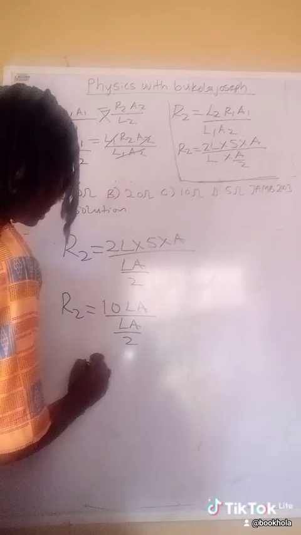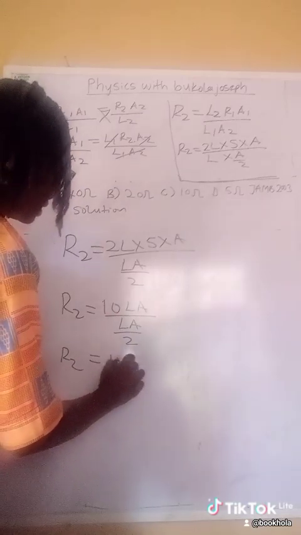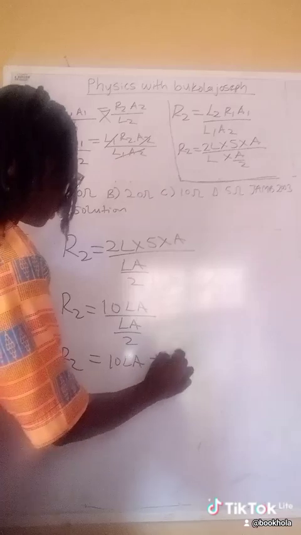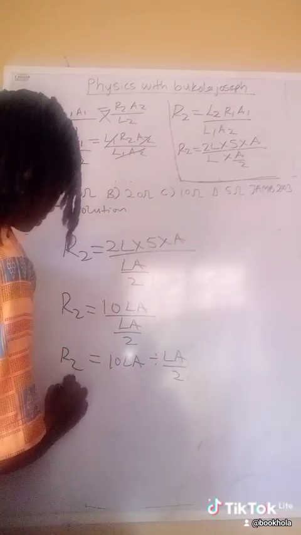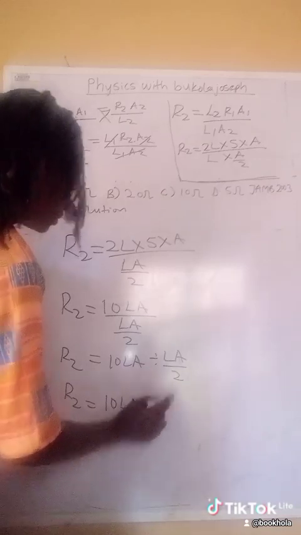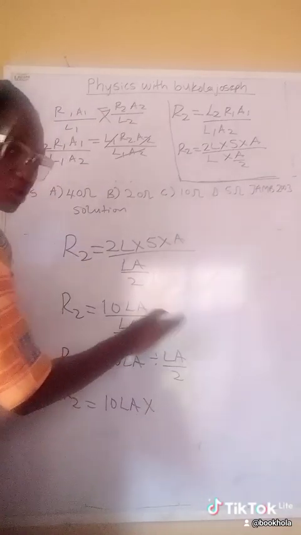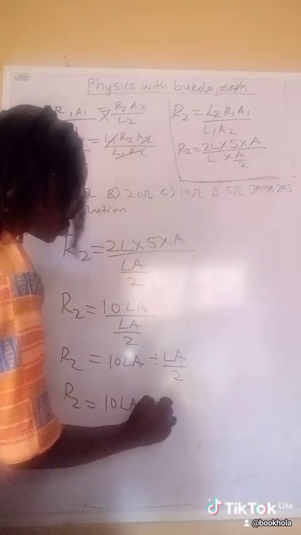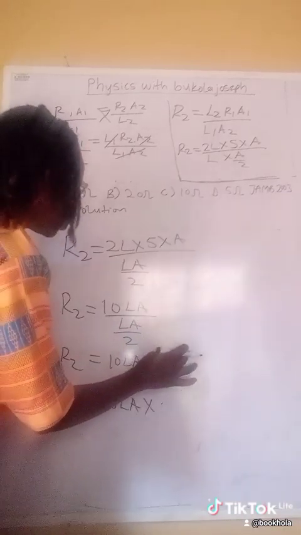This is the same thing as R2 is equal to 10 LA divided by LA all over 2. Are you following? R2 is equal to 10 LA times, and you change this to multiplication. It's a rule in mathematics: you swap the other side of it. The denominator will become numerator, and the numerator will become denominator.